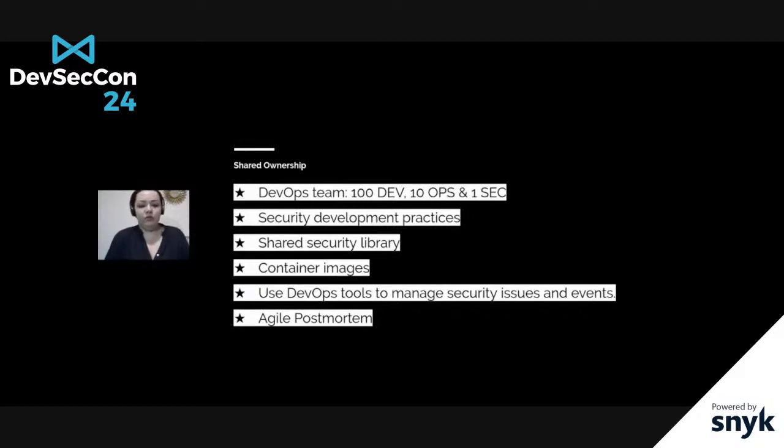And when possible, try to use DevOps tools to handle security issues. Most of the companies that are in between, that didn't adopt DevSecOps, are still using DevOps for developers and operators, but the security issues are handled in different software.